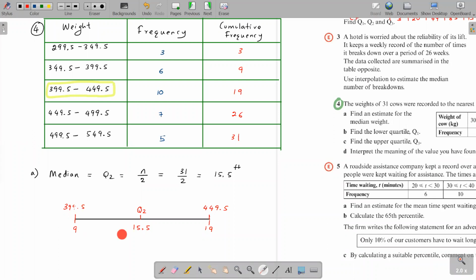There's a gap between 9 to 15.5 and 15.5 to 19. The same gap which you have at the bottom, you must try to replicate at the top by keeping the same ratio, so that Q2 will follow the same ratio that the cumulative frequencies are following. That's all you have to do.